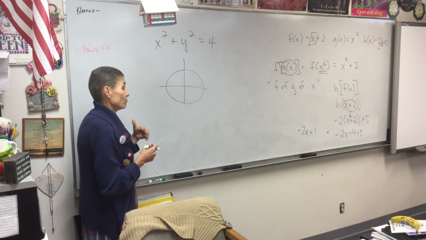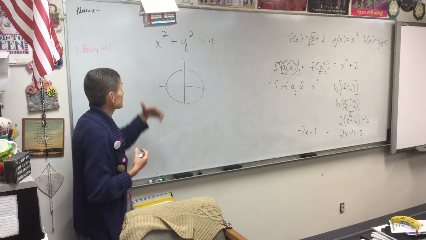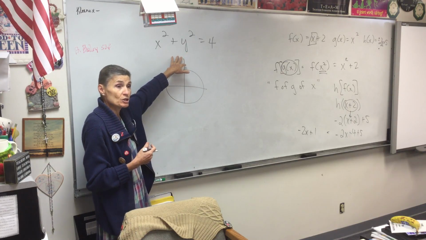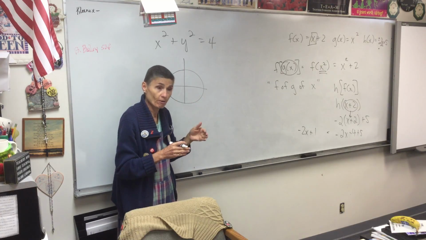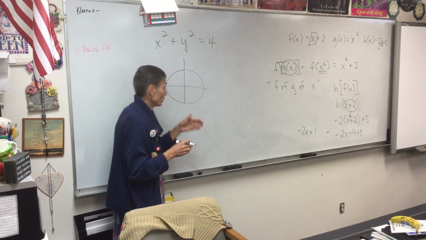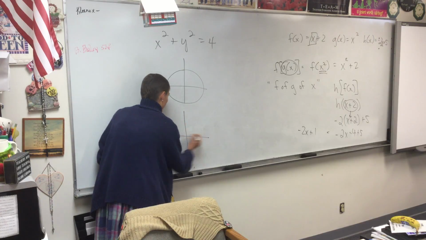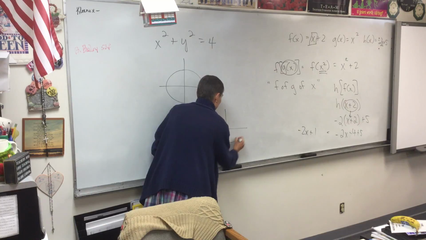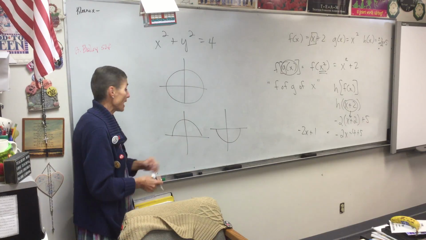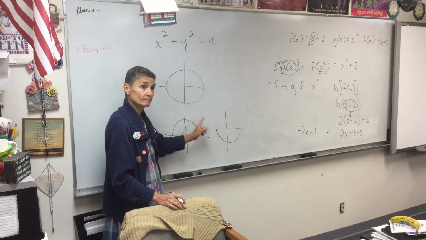So if we really need functions, we're going to split this equation up into two smaller pieces that are functions. We're going to look at the top half of the circle and the bottom half of the circle separately. Is the top half a function? Yeah.